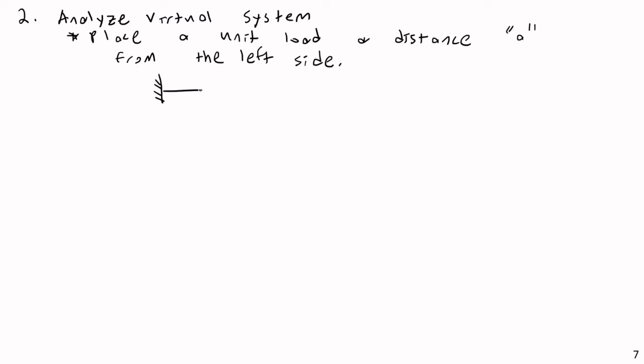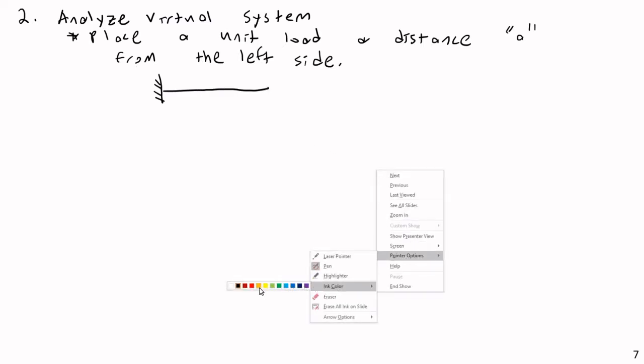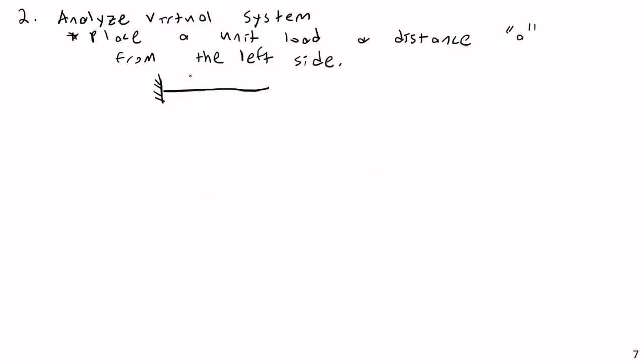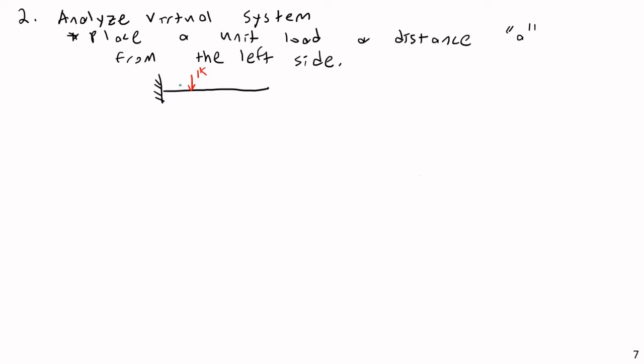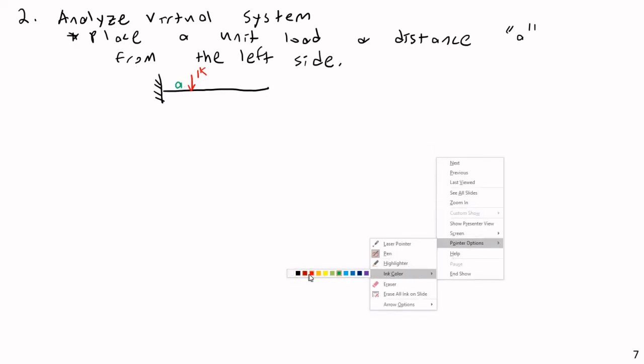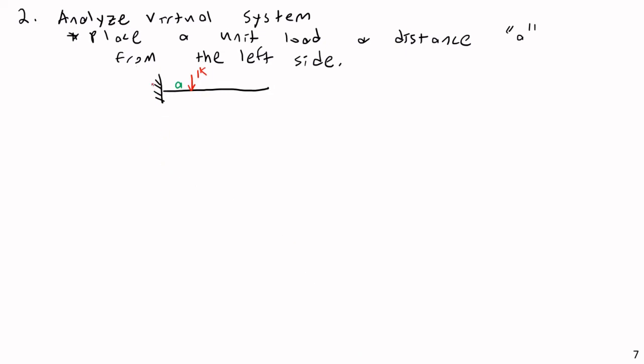The only load on this beam is going to be a 1 kip load at a distance A from the left-hand side. So 1 kip and a distance of A. And then in our reactions at our fixed support, we're going to have a shear, or an Ay, if you want to call it that, of 1 kip, and then a moment.